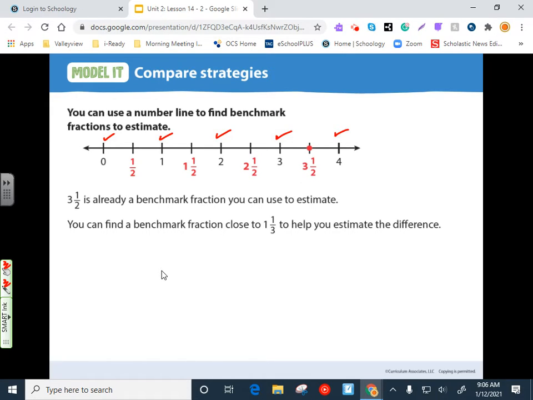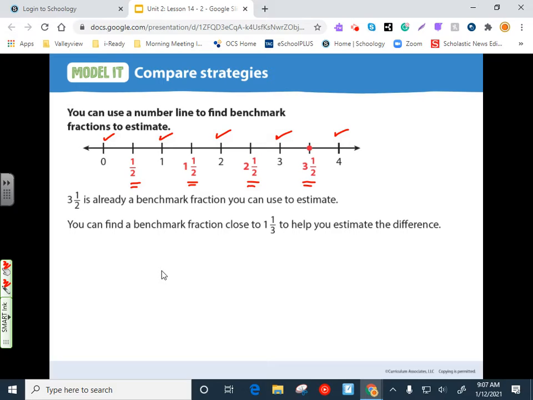I know 0 is not a whole number, but let's consider it in this case. And then your fractions of 1/2, 1.5, 2.5, 3.5. So again, the purpose of the benchmarks is these are the numbers you want to work with that are easy to calculate. You can literally probably do these in your head. So when you're given any fraction that you don't see here on this number line, you can change it to one of them.